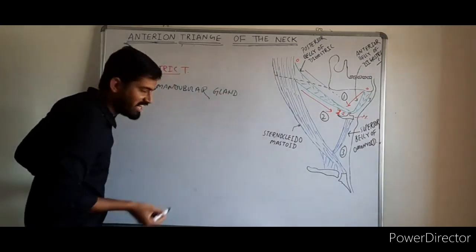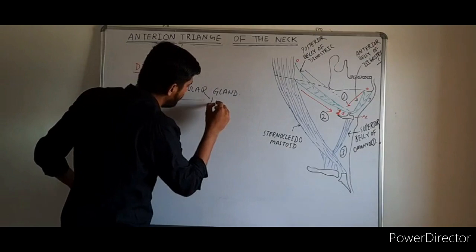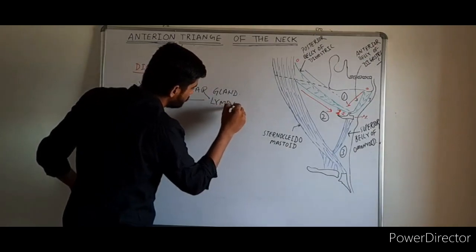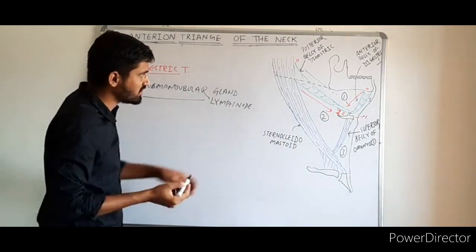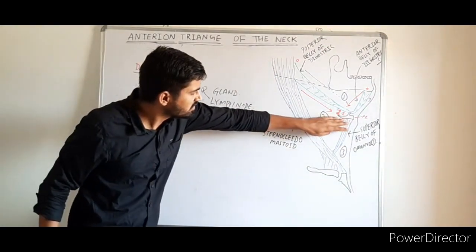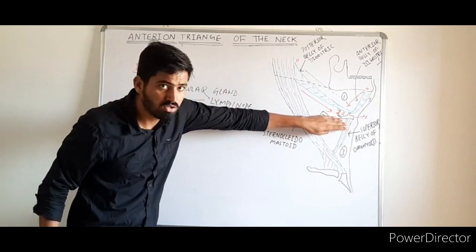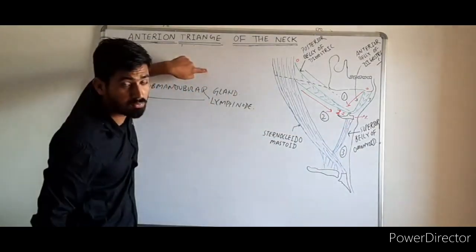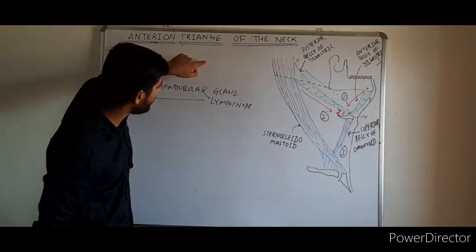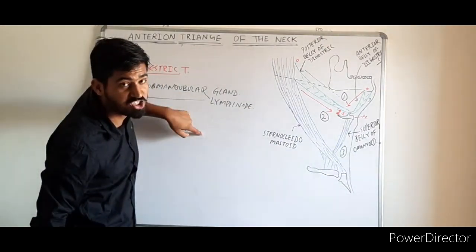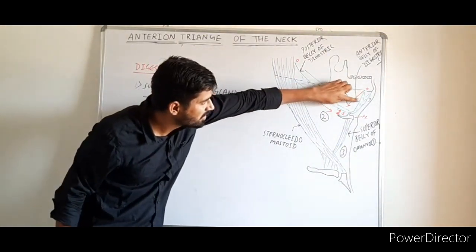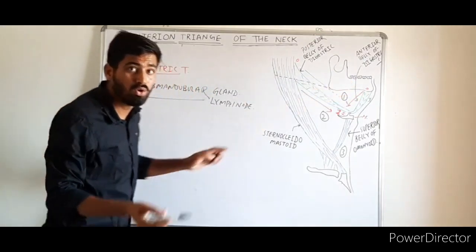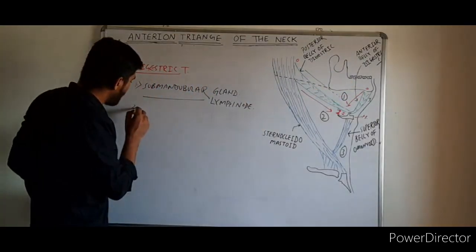If it is the submandibular gland, then submandibular lymph nodes will be there, right? Now you just think, there is one muscle here, the mylohyoid muscle. So vessels of the mylohyoid.